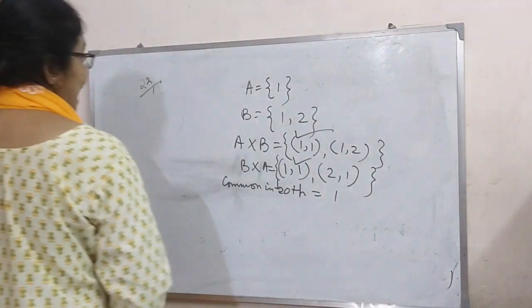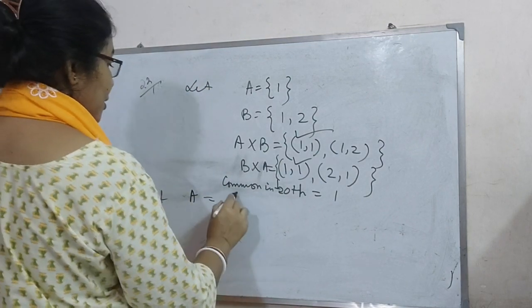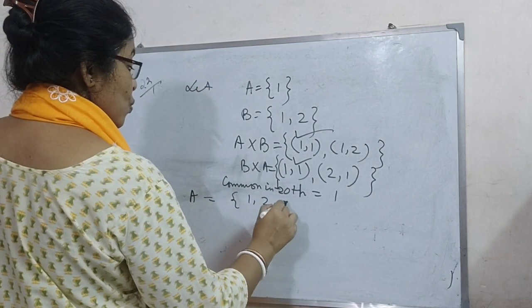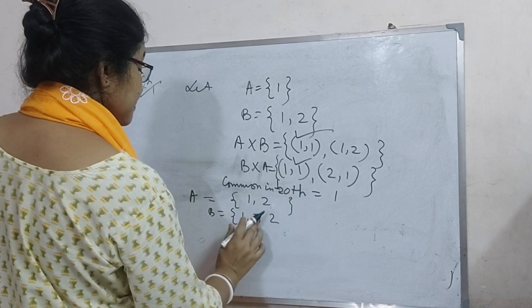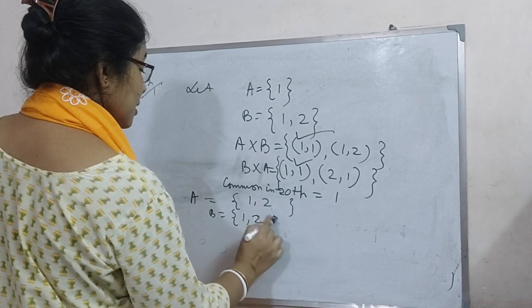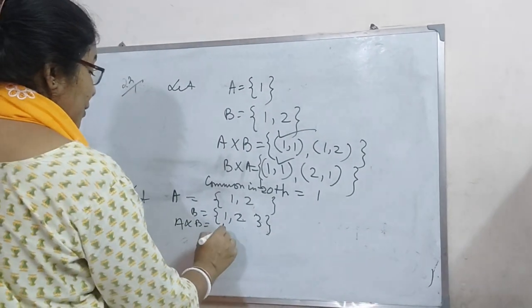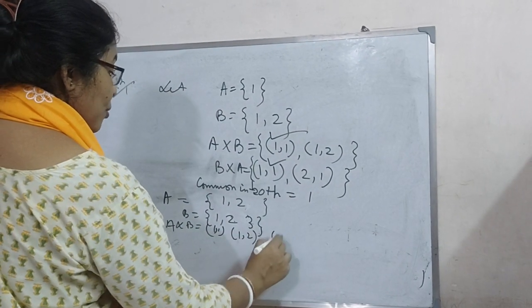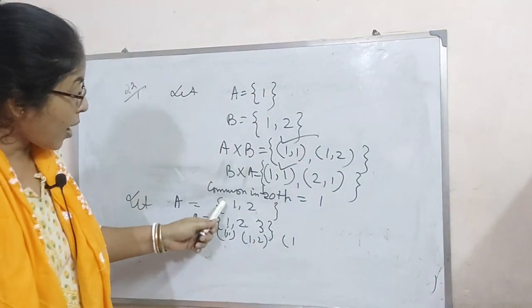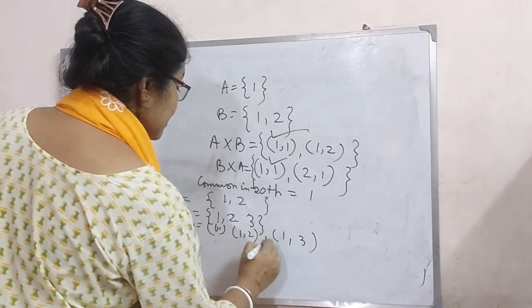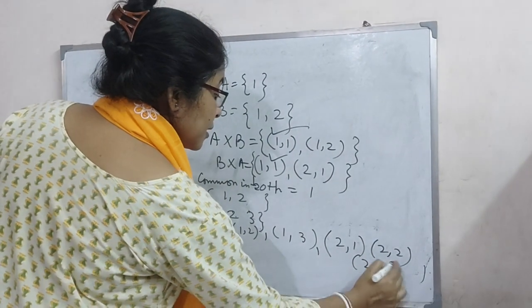Now let A equal {1,2} and B equal {1,2,3}. So A cross B equals (1,1), (1,2), (1,3), (2,1), (2,2), (2,3).